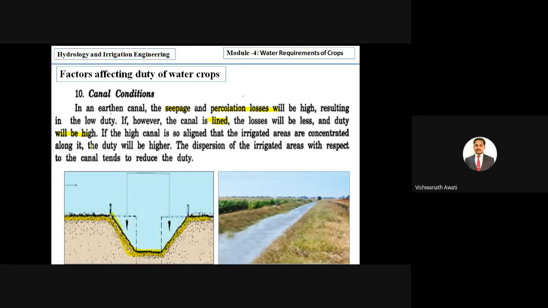So if the canal is nearby the irrigating area, then duty will be higher. And here the main two factors: if it is an unlined canal, losses will be more, and the duty will be less. If it is lined with concrete, then it gives a higher duty.